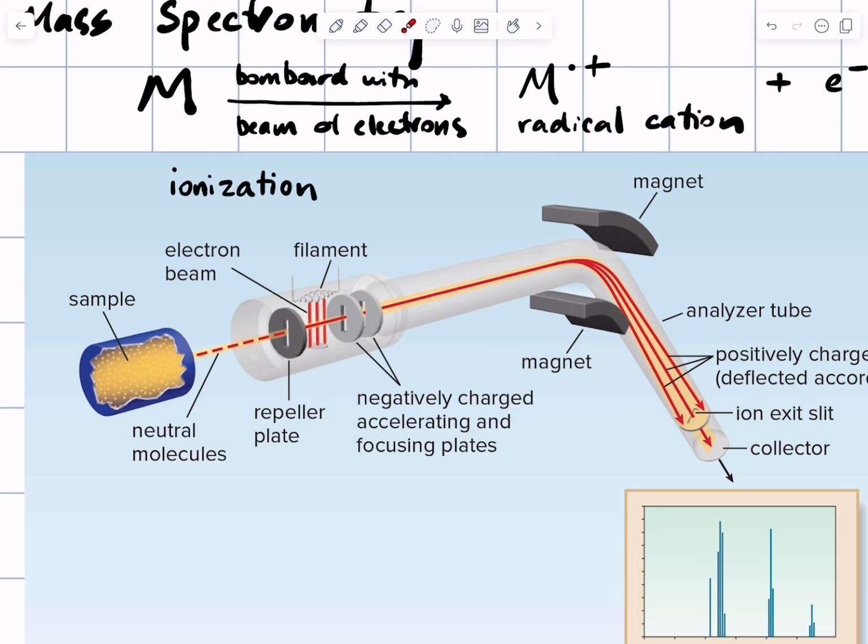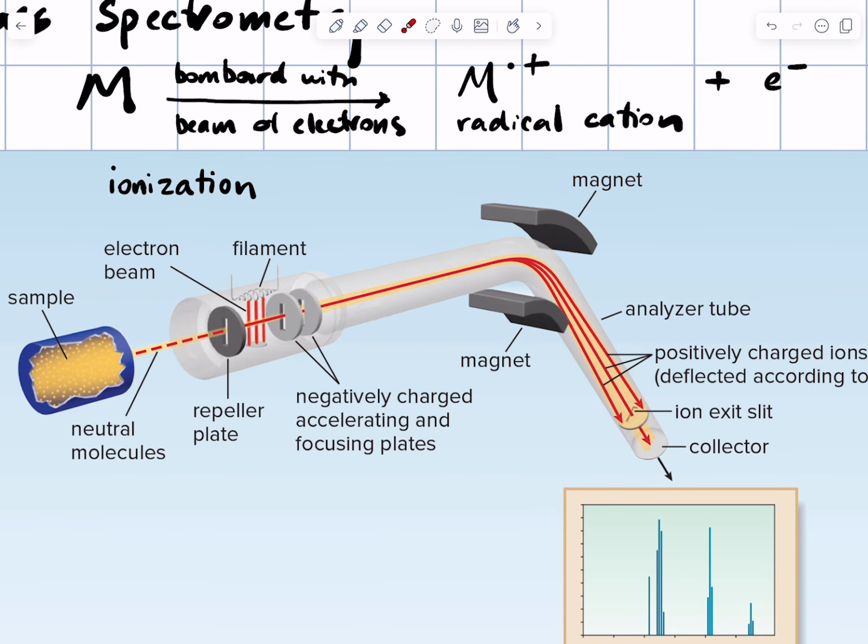This is all done in the gas phase in vacuum, so the particles are just floating freely in a vacuum. And then the particles encounter a magnet, and the magnet deflects the charged particle. This is physics, and that's all I'm going to say about it, but you remember how a magnetic field can change the path of a charged particle. There's some kind of right-handed rule, and good luck figuring out which one that is.